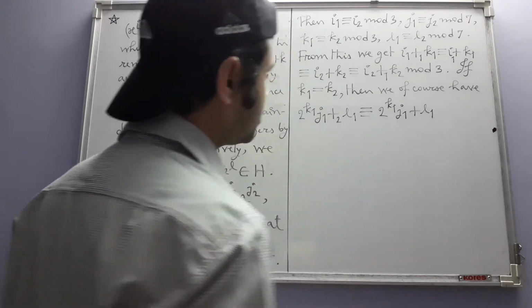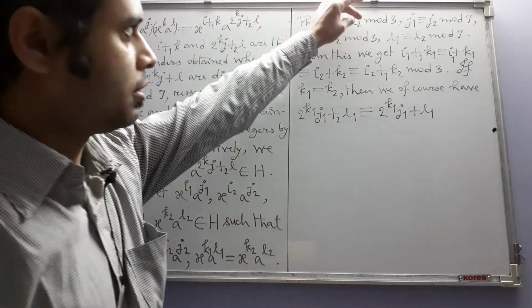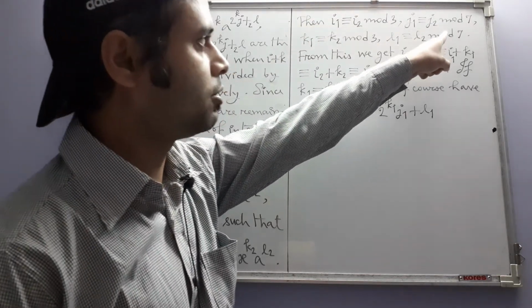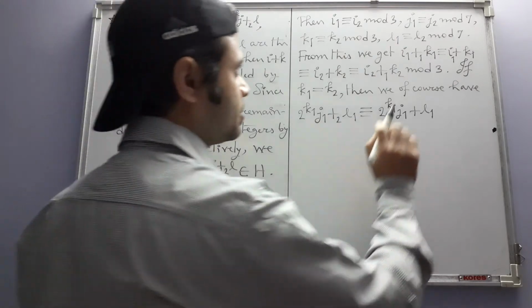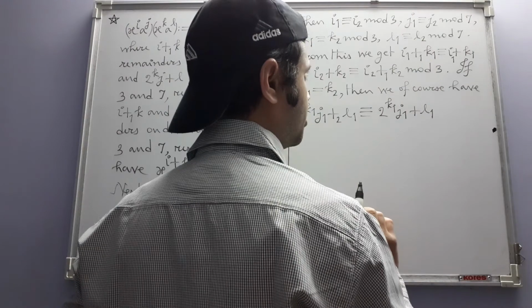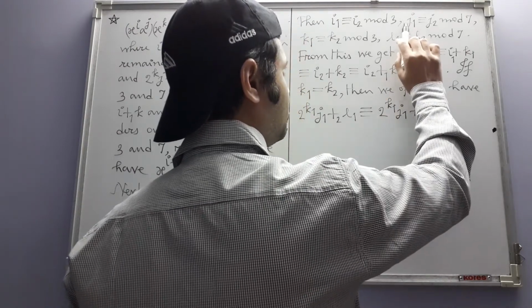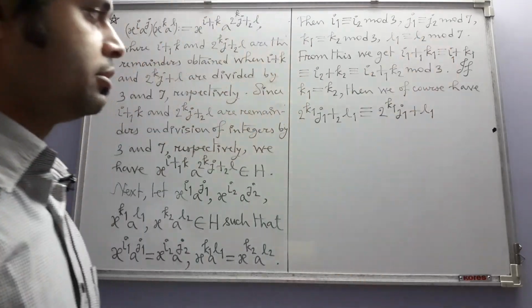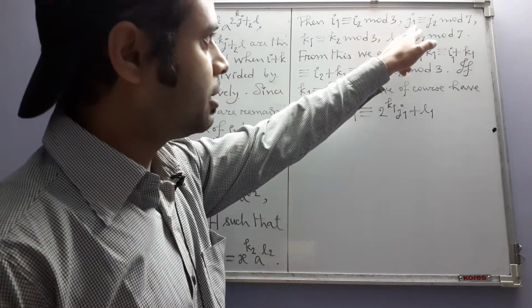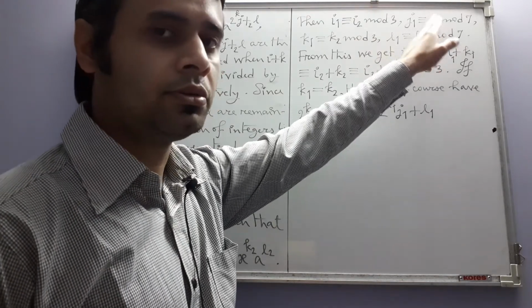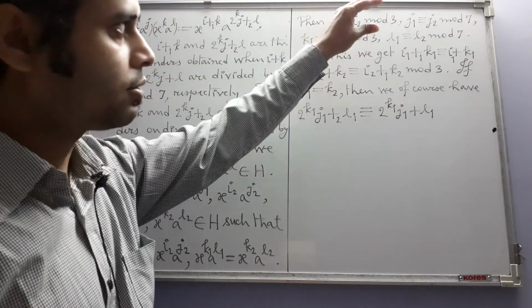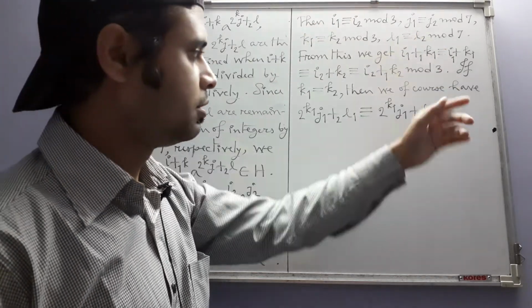Now look, we have already used this modulo 3 congruences. Now let us look at the modulo 7 congruences. J1 is congruent to J2 mod 7, L1 is congruent to L2 mod 7. So if we multiply on both sides of this congruence by 2 to the power k1, then 2 to the power k1 j1 will be congruent to 2 to the power k1 j2, and then with that congruence you add this one.